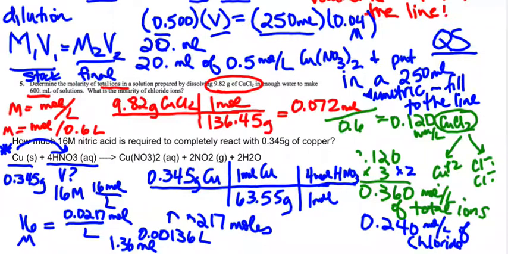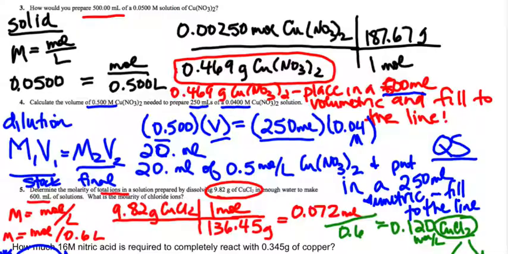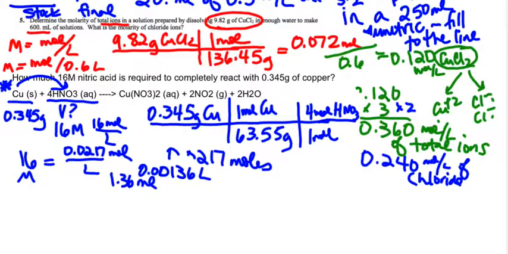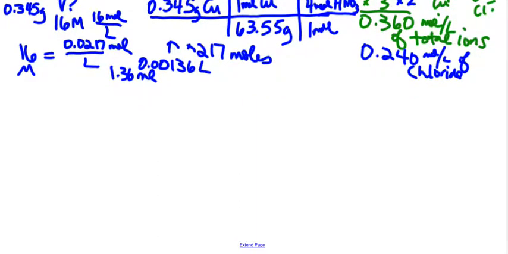Another really important thing that you have to do today is do some dilutions. Let me go ahead and go back. I'm going to extend this page some if I can. Yes, I can. Okay, so what's the deal with the lab tomorrow? You're going to dissolve your bullet in nitric acid. Bloop. And so you're going to have your copper +2.